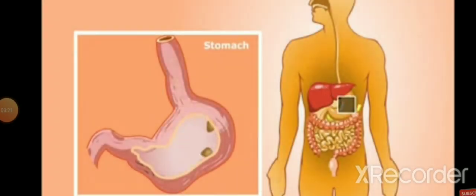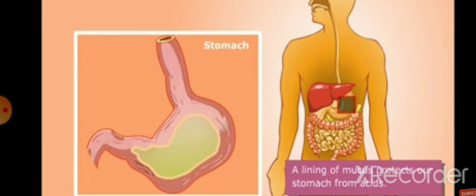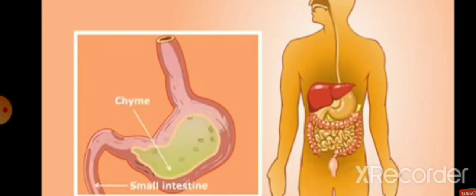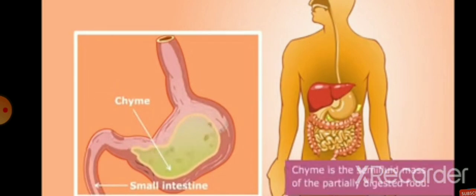Food comes into the stomach and some juice is secreted from the stomach. Food is digested there, and the lining of mucus protects our stomach from the acid. It ends into the small intestine.